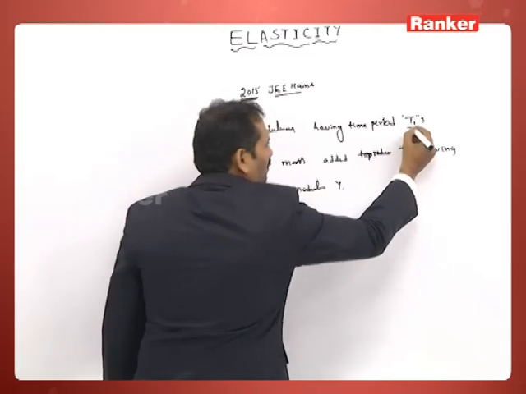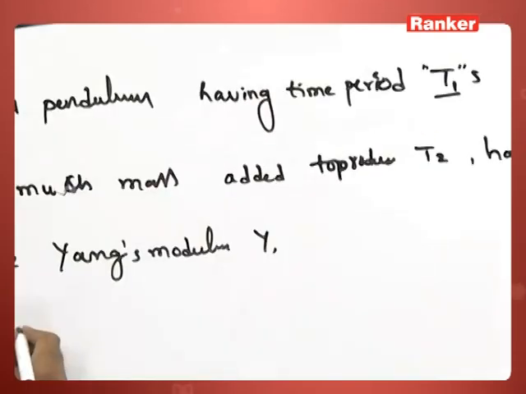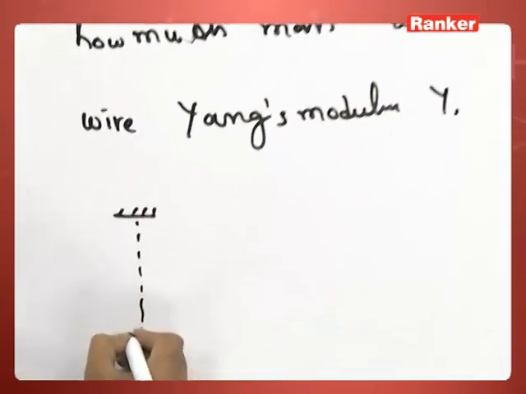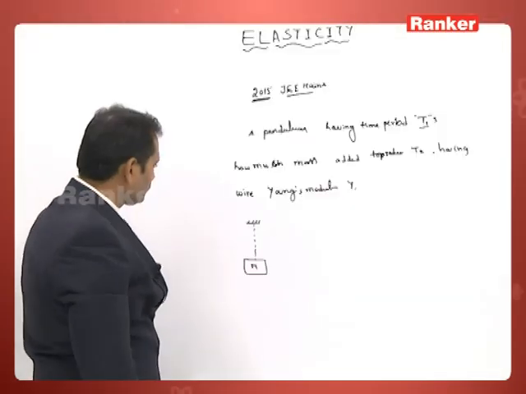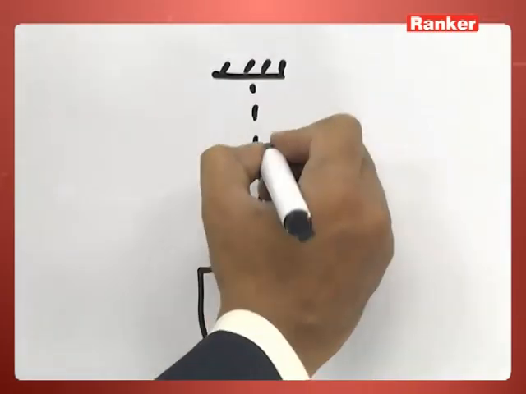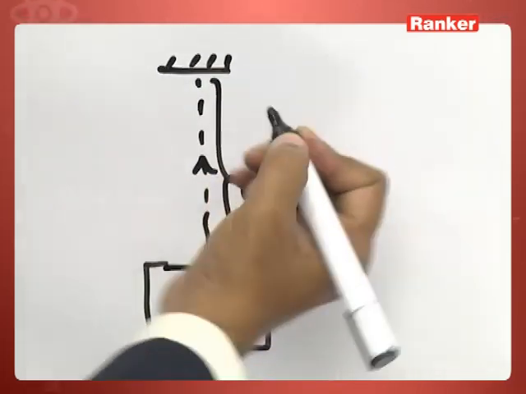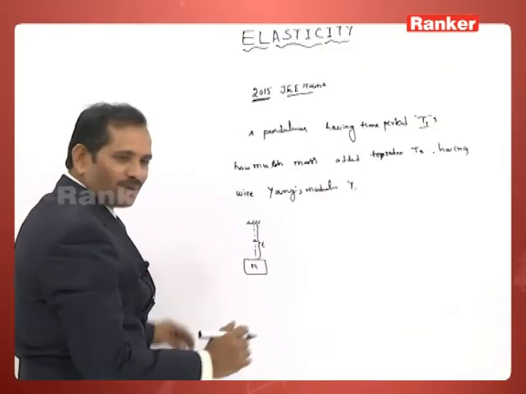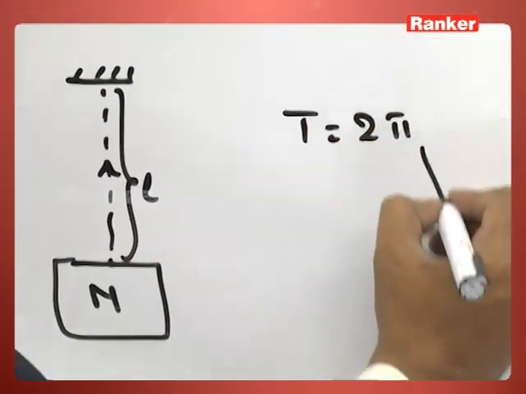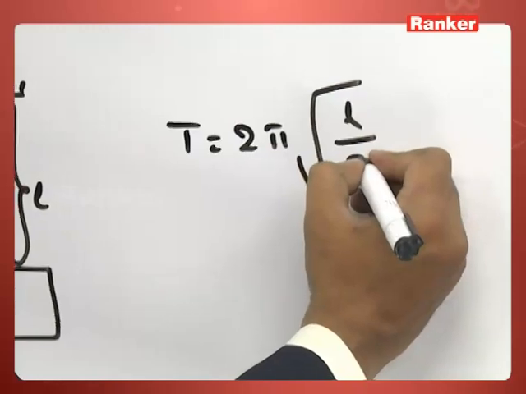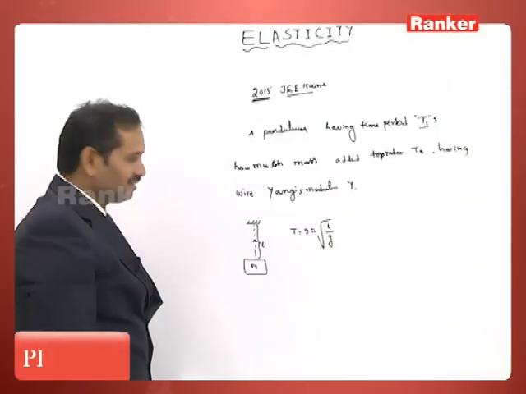Time period of a simple pendulum, everyone knows about this. Look at here please. This is the simple pendulum of mass m. Length is L. I don't know the previous, after extension it is this much. Then T equals 2 pi square root of L by g. This is a well known thing to us.